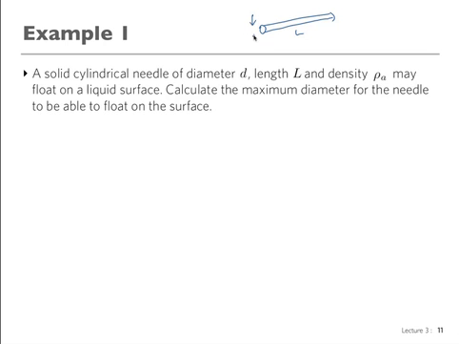The diameter is D, length is L, and the density of that material, say it could be steel, is rho A. And we're saying this is floating on a liquid surface just like the paperclip we've shown before. And the question is, calculate the maximum diameter for the needle to be able to float on the surface.